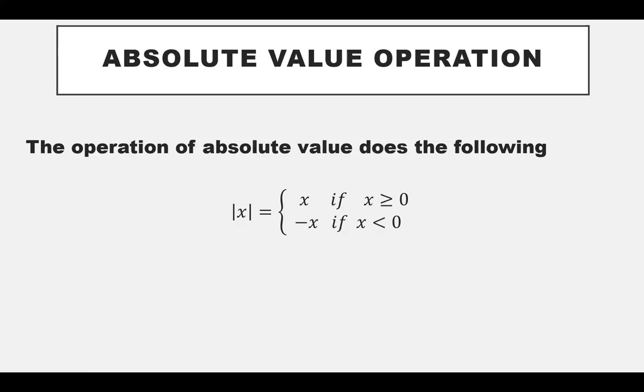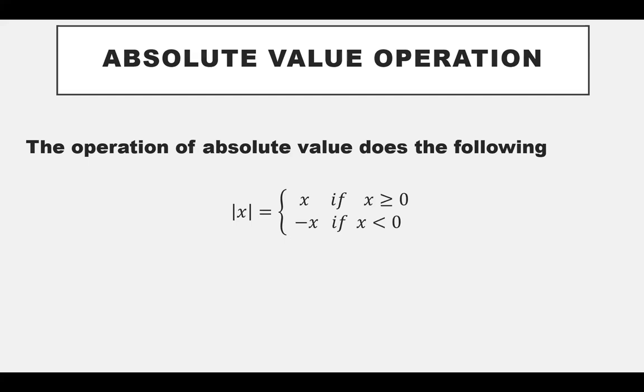The first feature of the absolute value function is the operation of the absolute value. The absolute value of x does one of two things. If you plug in a non-negative number into the absolute value, then you're going to get that number back.